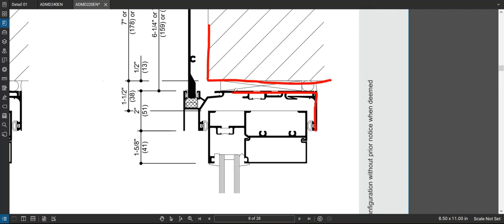So there's some nuances to that track, but essentially there's a track that gets fastened to the underside of the structure. And then the window frame essentially slides into that track. Okay, so the track top and bottom, there's the glass in this case right there. And so that's kind of the system. There's a track, and then the window frame and glass system slides into that.